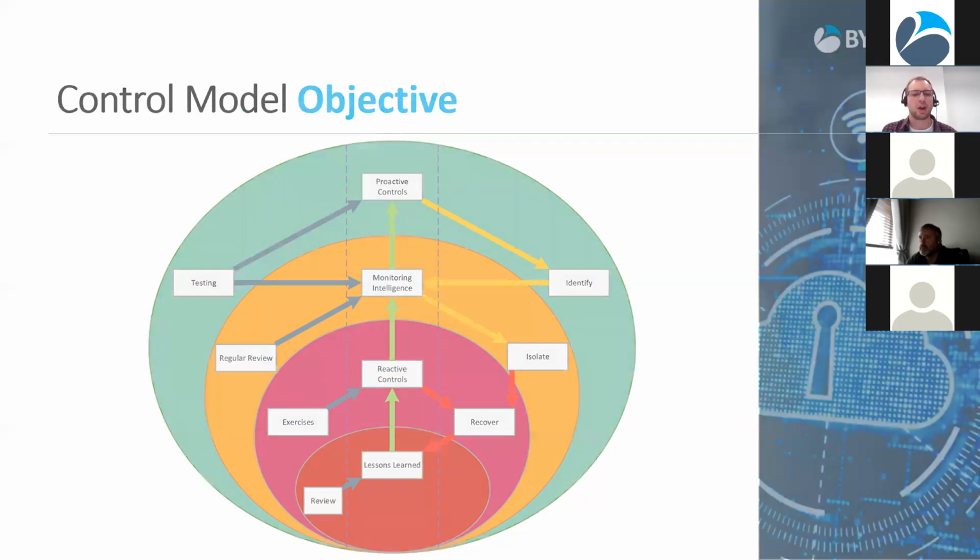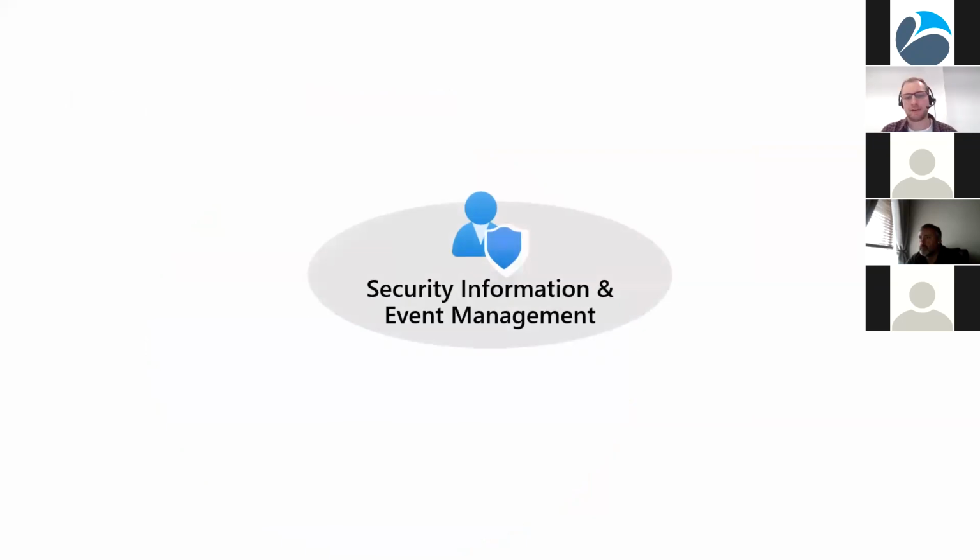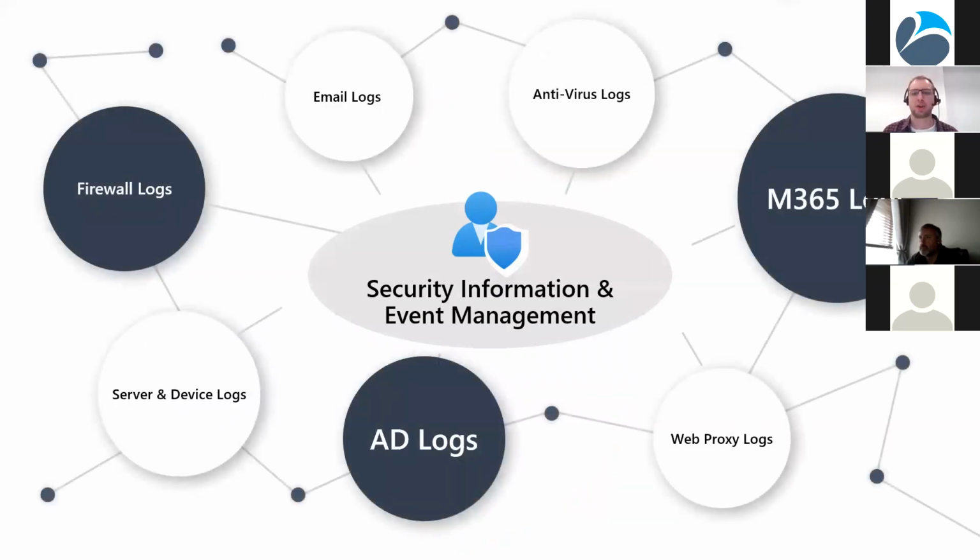Because, in reality, when we look at SIEM tools, or security information and event management, if there's any of you that are unfamiliar with SIEM technologies, SIEM technologies pull loads of different data sources together from loads of different security solutions.